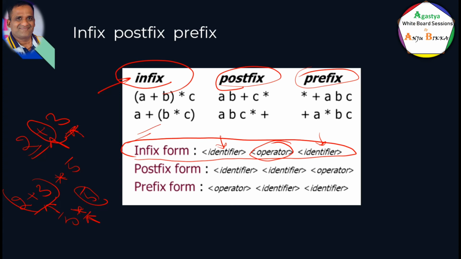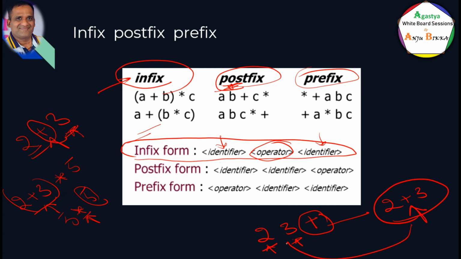Now the postfix. Post means after: 2, 3 and plus. It means the operands or identifiers come first and then the operator. The equivalent infix form is 2 plus 3, and the equivalent postfix form has the operands appearing before the operator. That is the postfix form.